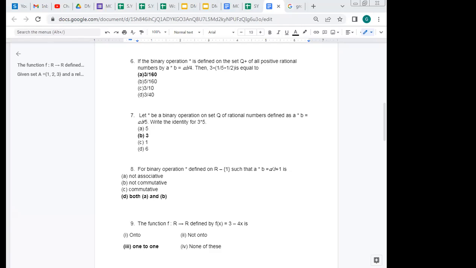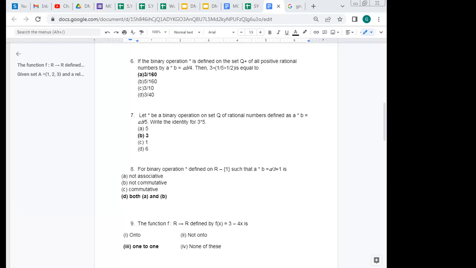First, what you will do is 1 by 5 into 1 by 2 divided by 4. That you will be calculating first, and whatever answer comes there, 1 by 40. And again, we will perform the same operation with 3 on that result, 1 by 40.